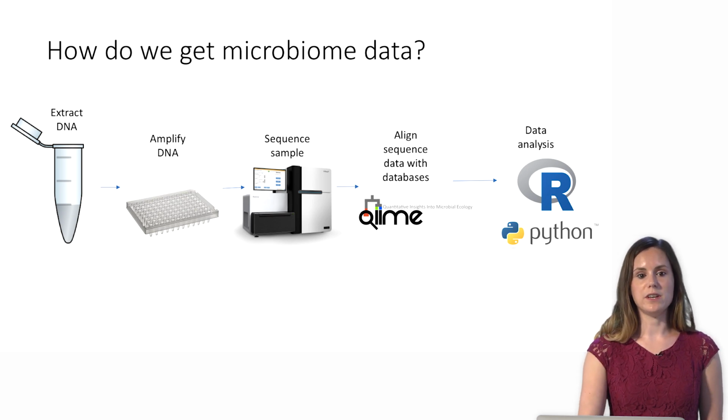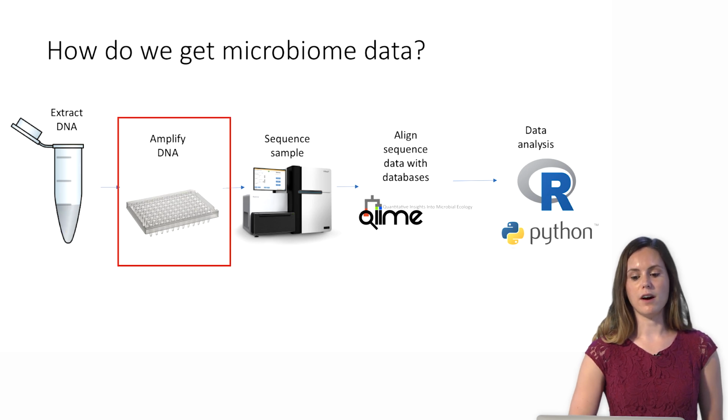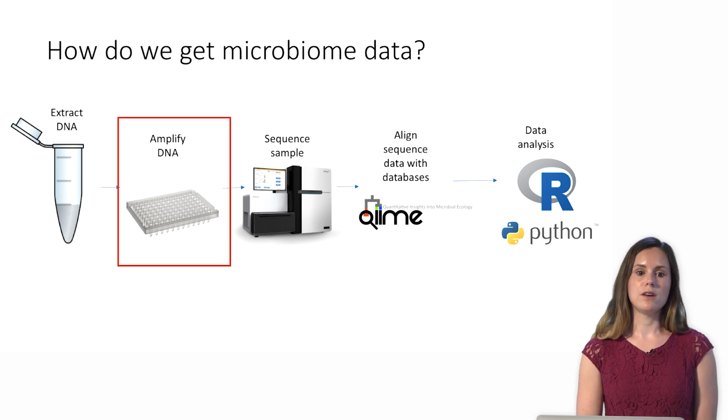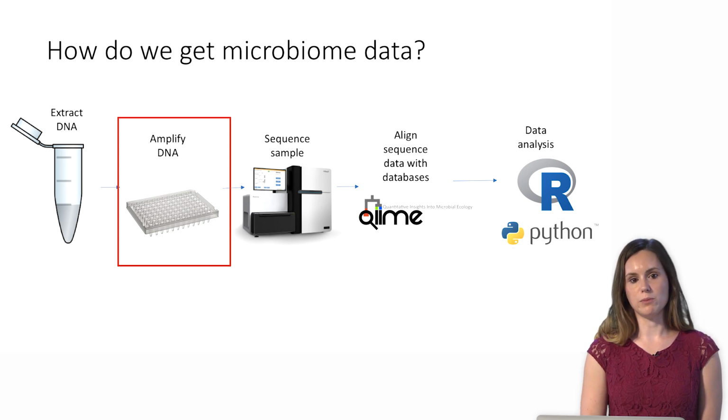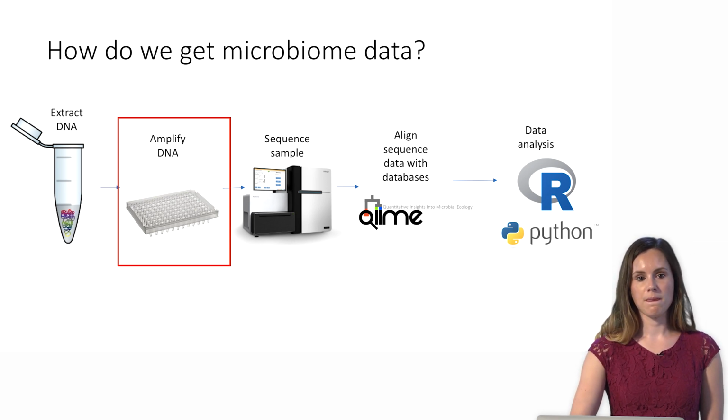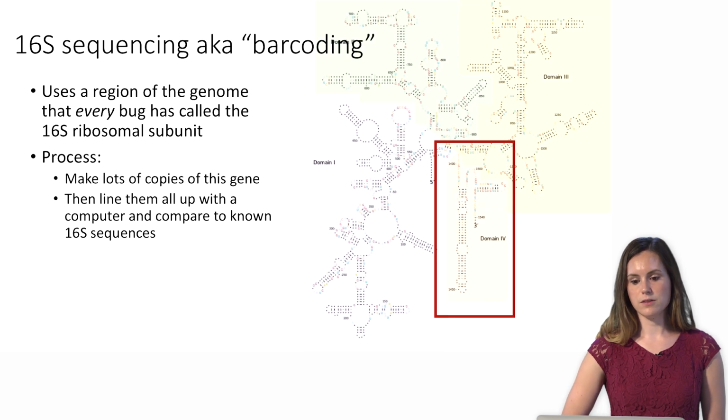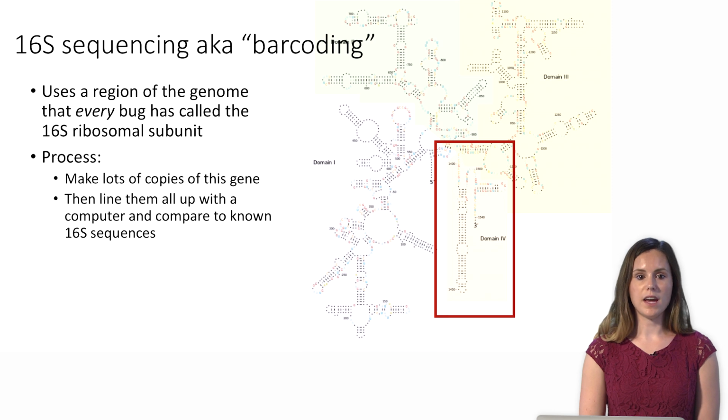But there is a choice that we need to make when we amplify the DNA. We need to choose whether or not we're going to use 16S sequencing or if we're going to do shotgun or metagenomic sequencing. So 16S sequencing or barcoding uses a region of the genome that every bug has, which is called the 16S ribosomal subunit.